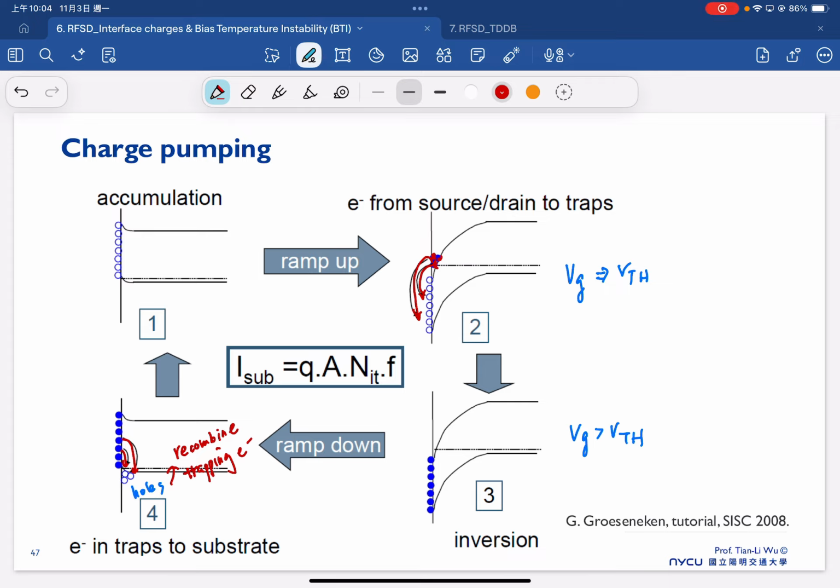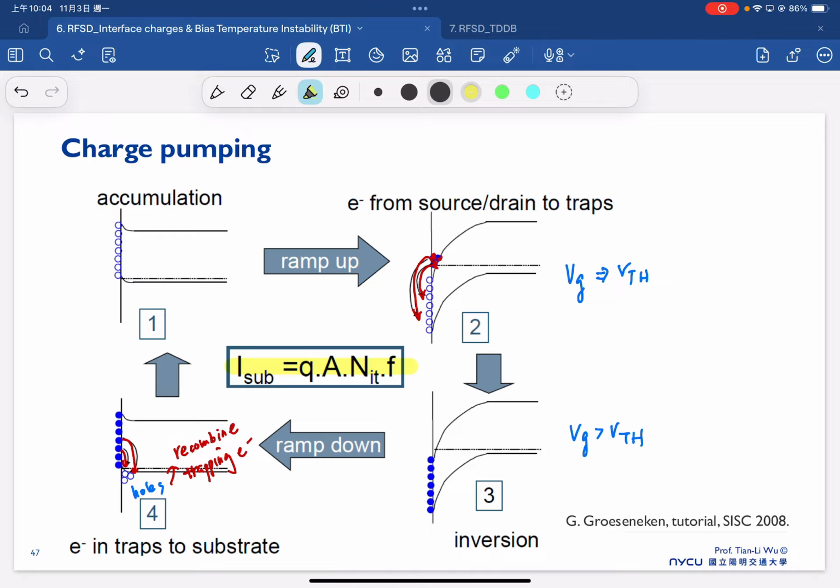Right now we start to see an amount of current that can be sensed, especially from the substrate, because the hole is recombined with the trapping electron. Therefore, the current that you measure from the substrate can be characterized by this equation.